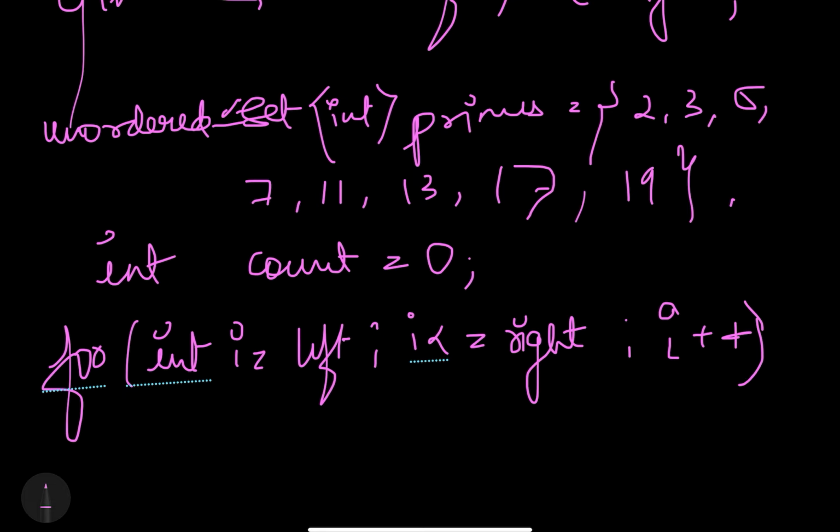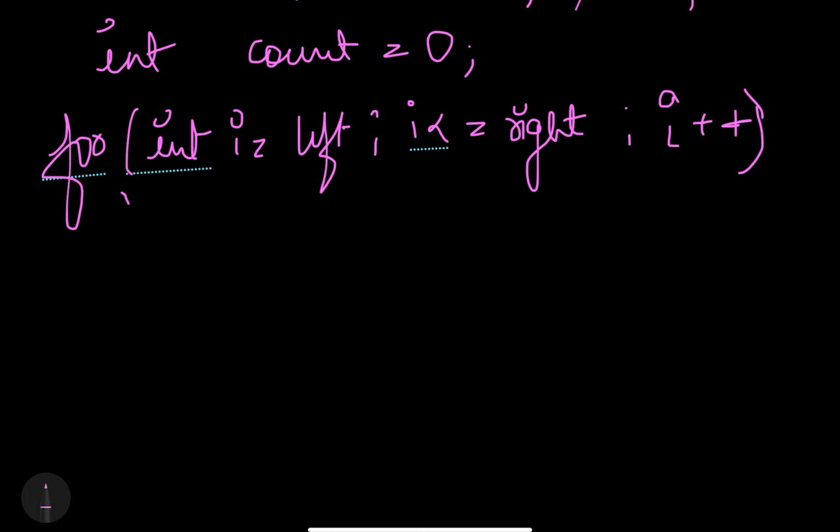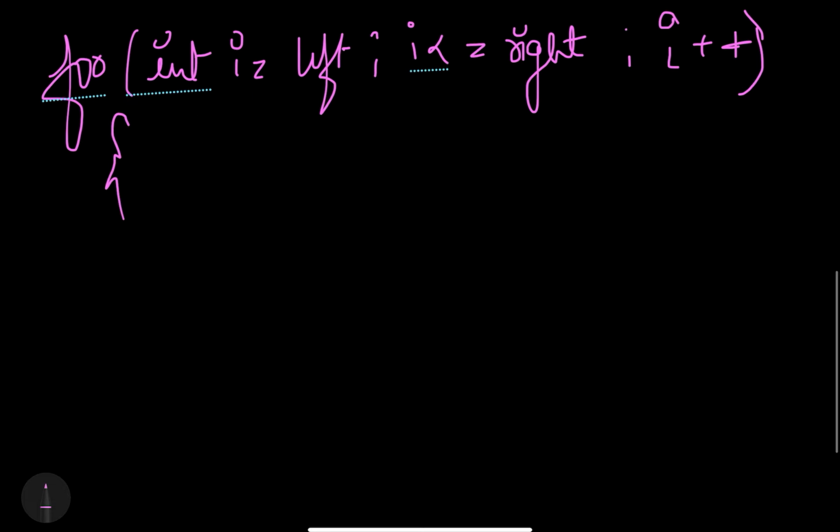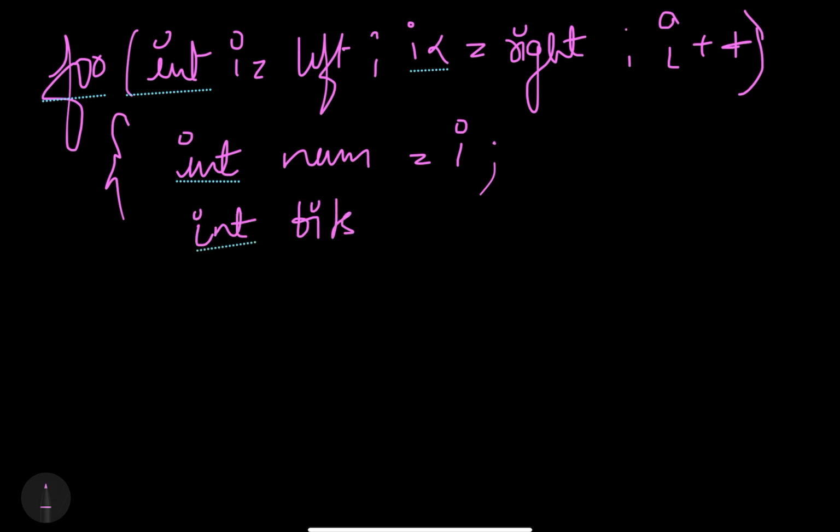Okay, what we'll do inside this loop is initialize a variable where we'll store the current number, which we have to find whether it has a prime number of set bits or not.